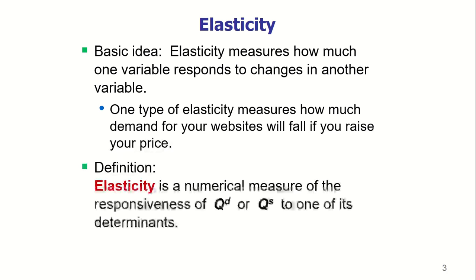The definition of elasticity is: it's a numerical measure of the responsiveness of quantity demanded or quantity supplied to one of its determinants. So how does the quantity demanded and how does the quantity supplied change if price changes? This is all about the definition of elasticity.